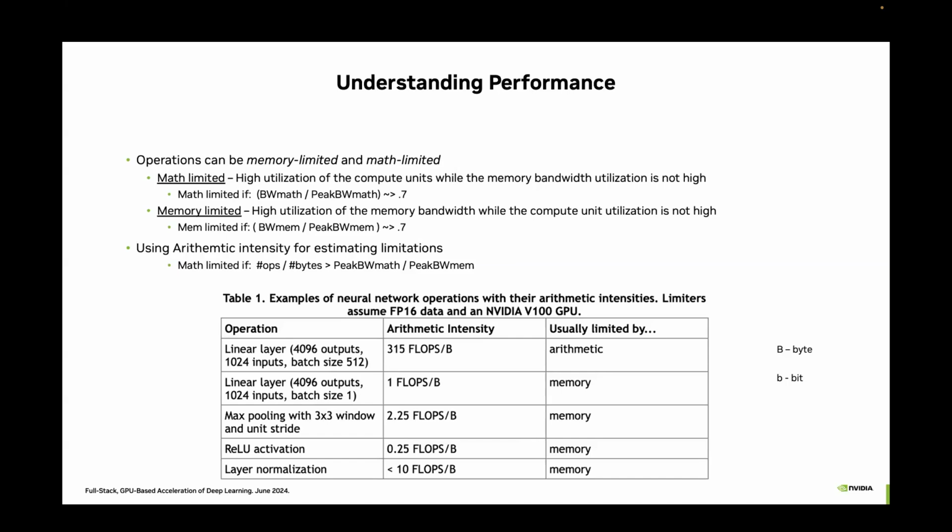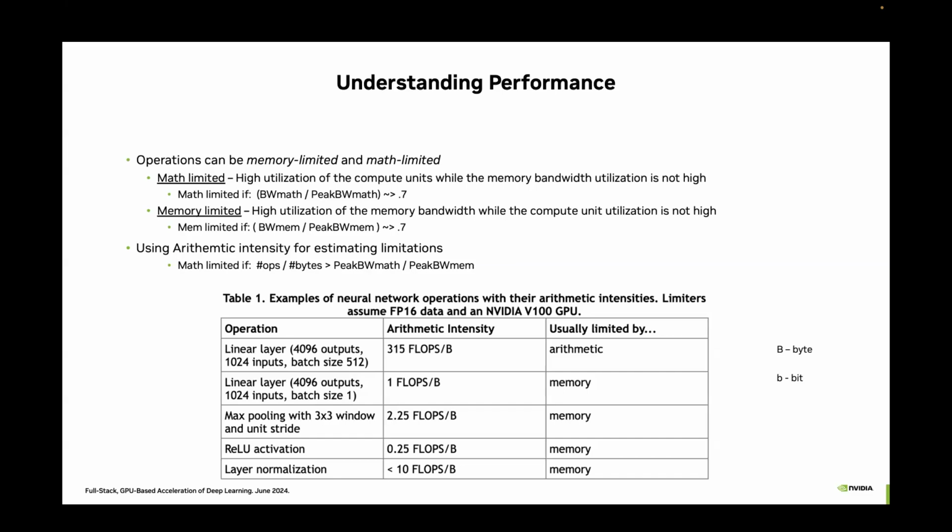Memory limited: the straw analogy again. The straw is only so big, the pipe's only so big, I can only get so much information, while the compute utilization is not very high. You might be like, I'm only using 30% of my compute units, but I'm using 100% of my memory bandwidth. If only I had a faster memory chip.